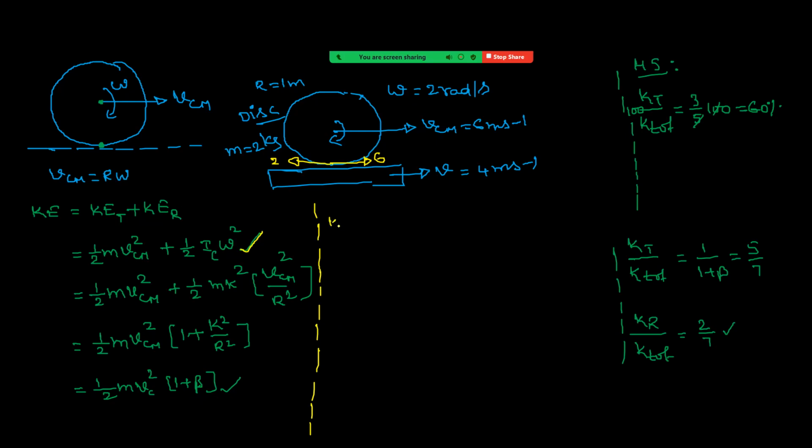So kinetic energy is equal to, because of translation, half m VCM square, because of rotation, half I omega square. We are taking translation of center of mass and rotation about center of mass. So this is I_CM, the axis passing through center of mass. Now substitute values in this.